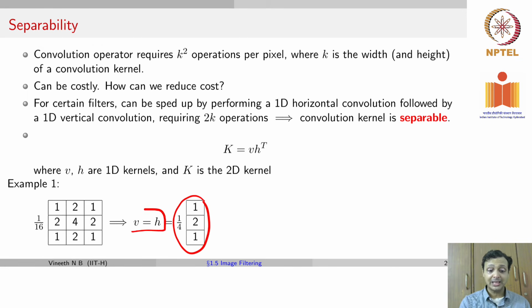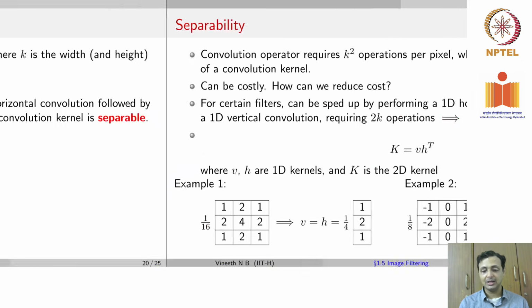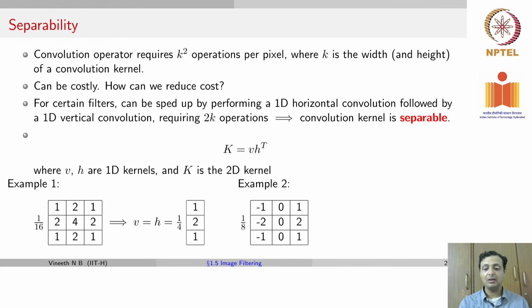Should v and h be the same always? Not necessarily. Here is another example where you have a filter such as this. Do you recall this filter? In case you don't recall, this was your edge filter.